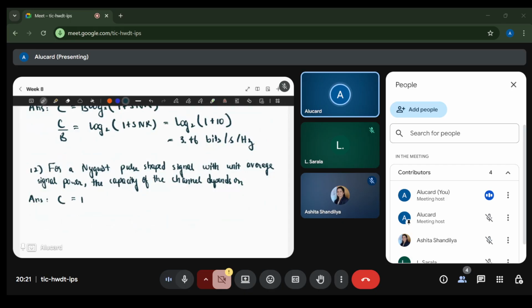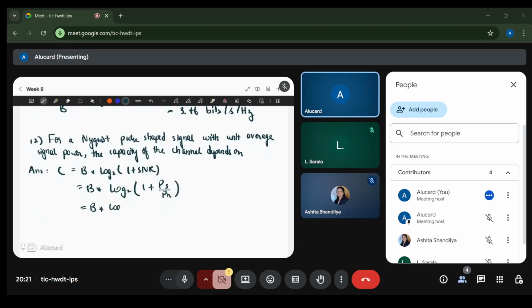The capacity is B times log to the base 2 of 1 plus SNR, which is B times log to the base 2 of 1 plus PS by Pn.